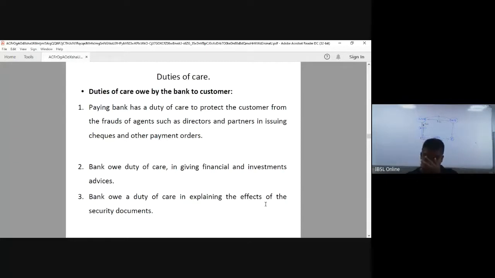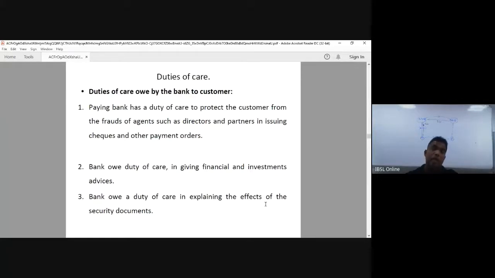I have observed this. The bank officers don't properly explain the document because they don't know what the document is. They have no understanding. They have not read the document, so they don't know the effect of the document.